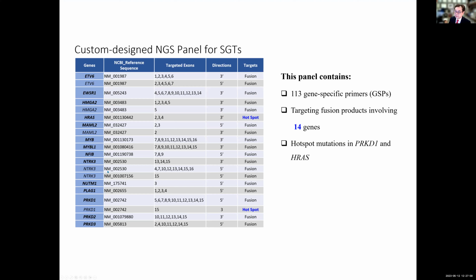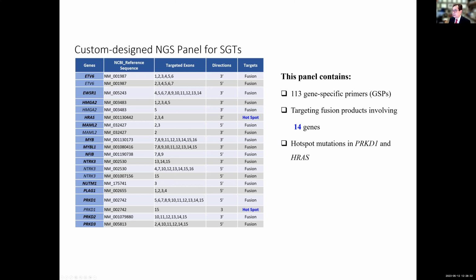Basically, this panel includes 14 genes, and I'm sure you know that all the genetic sequences are stored in NCBI and open to the public. We can get them and design the probes based upon the primers, the 3' and 5' sequences, and then we do amplification, and then we do sequencing. That's the principle this panel is based upon.